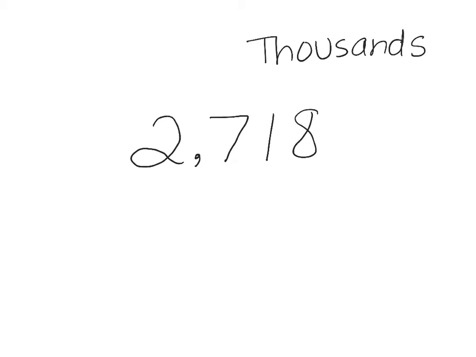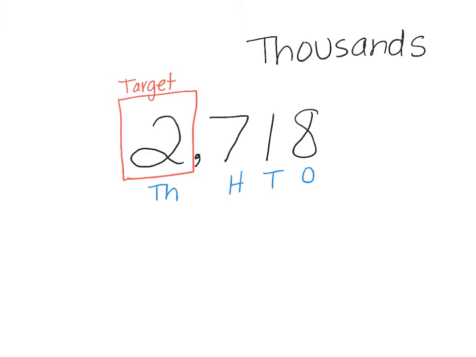So I identify my target number. It's the 2, because the 2 is in the thousands place. Because again, we have ones, tens, hundreds, thousands. This is my target number because it is in the thousands place.